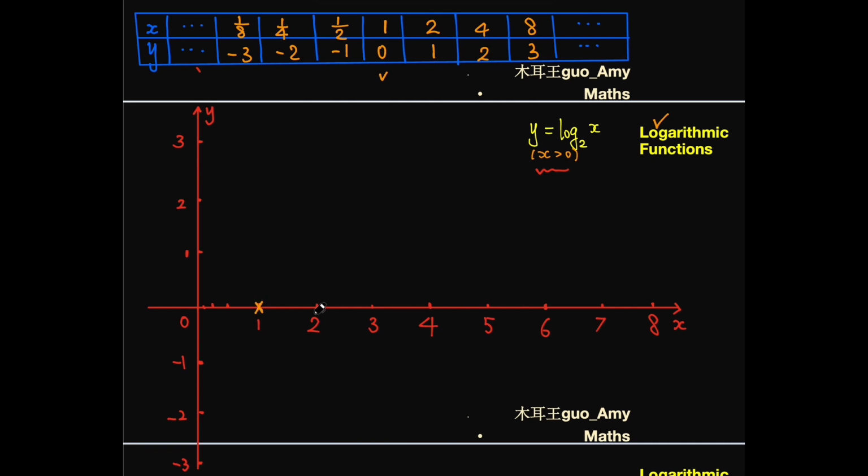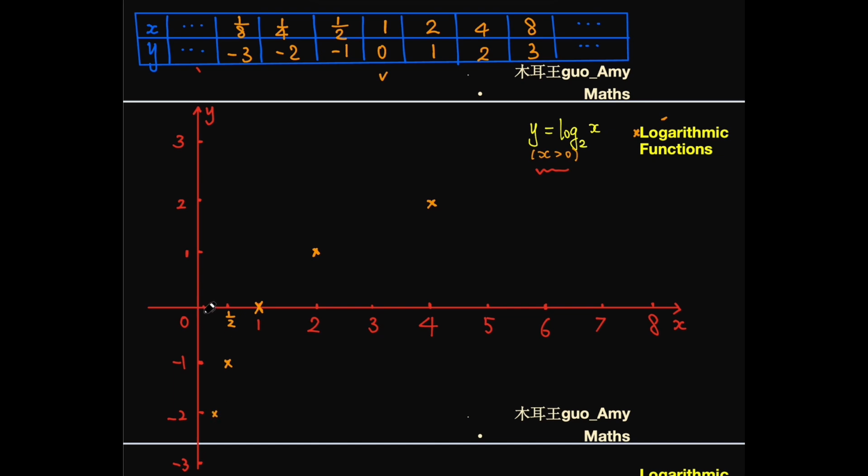And then when x is equal to 2, y is equal to 1. And x is equal to 4, y is equal to 2. When x equals 8, y equals 3. Then when x equals a half, y is equal to negative 1. When x equals a quarter, y is equal to negative 2.